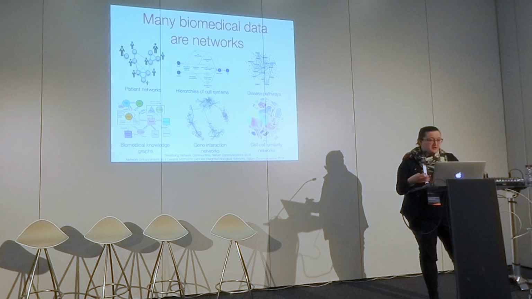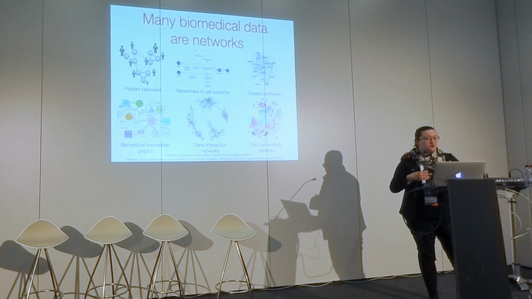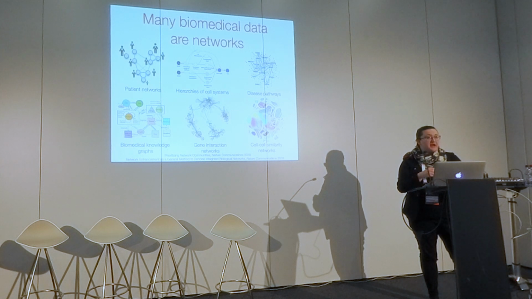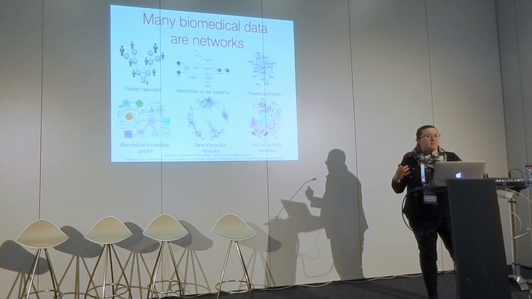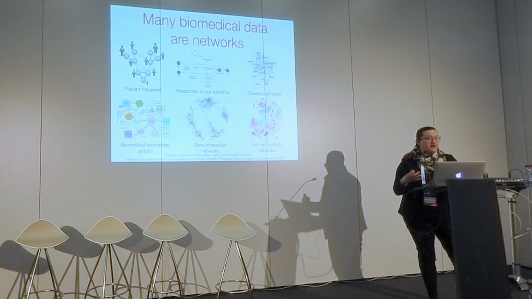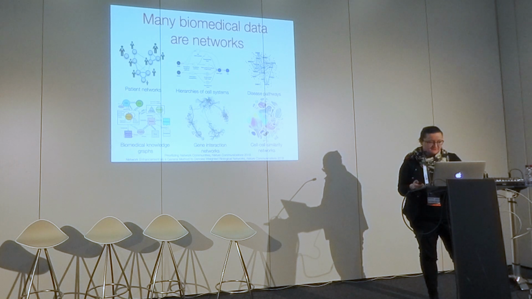For example, interactions between patients within a society, interactions between cells in human tissues, interactions between genes, or just to think about how we can represent knowledge of biology, medicine, and science in the form of large knowledge graphs.